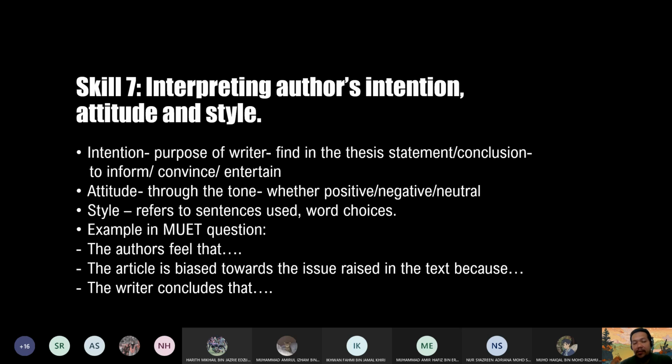Okay, so for example, how you are tested on this skill is like this. The author feels that... we want you to think how authors think about the issues discussed in the reading text. The article is biased on the issue raised in the text because he or she brings the issue and tends to just agree with something that he or she likes.